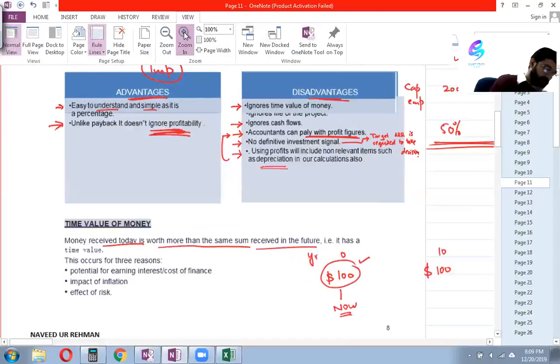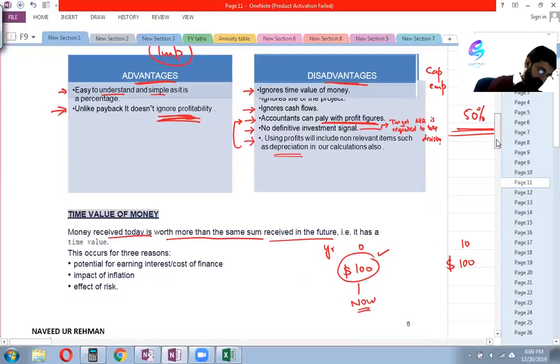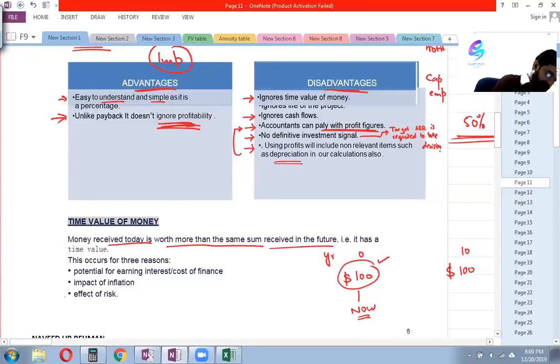And that's what we include in time value of money, right? First one is the potential for earning interest, or what we call the cost of finance. Like you save some finance cost or the interest cost. So for example, if you get the $100 now, you can get some interest on this for the next 10 years, number one.